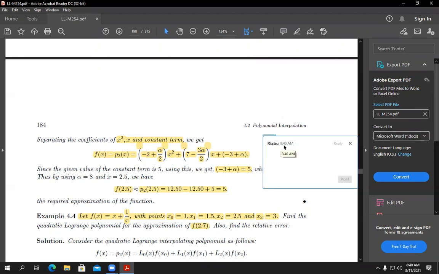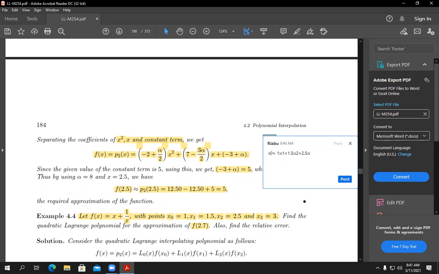Here students get confused. Inshallah, you will not be confused in the exam. You are given x naught is what? 1. x1 is what? 1.5. x2 is 2.5.